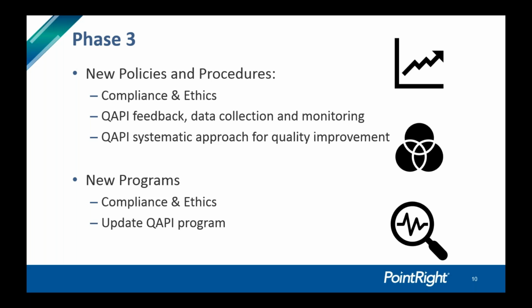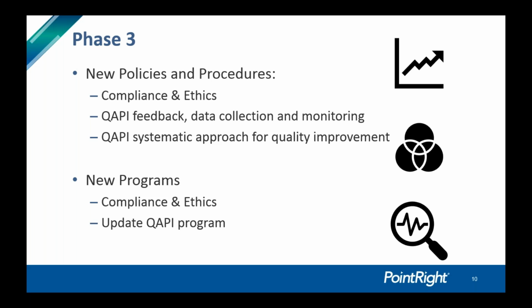Also, the QAPI program, again, is another ACA, Affordable Care Act, requirement. And we've seen QAPI in each of the phases so far. What this last phase 3 is doing is tying it all up in a nice bow, talking about how your teams are going to be collecting the feedback, how you're going to collect additional data, how you're going to monitor those systems, and what your global systematic approach for QI is.